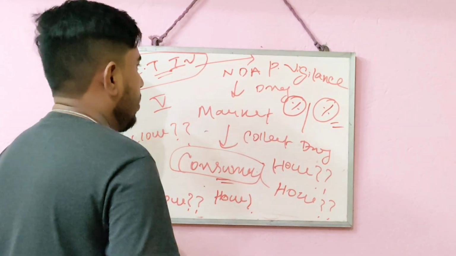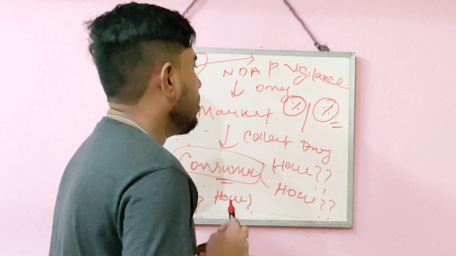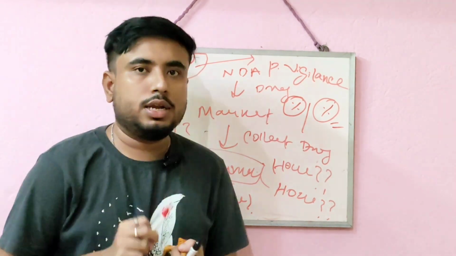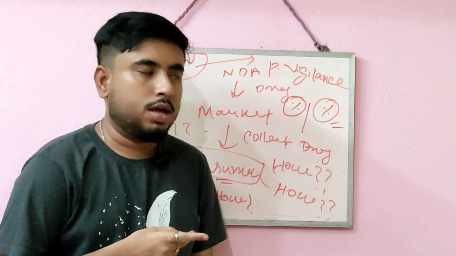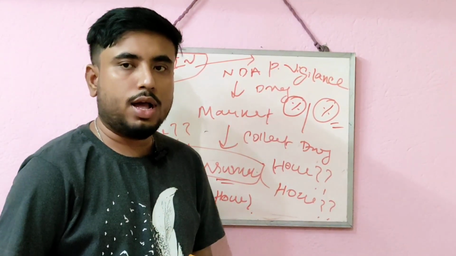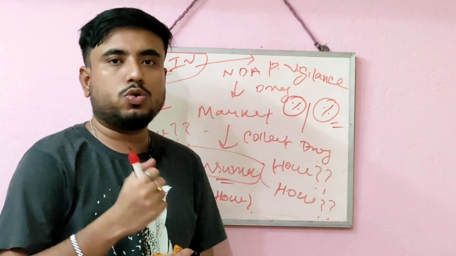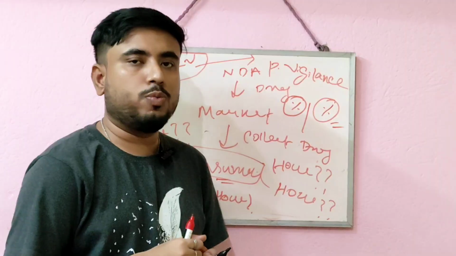In drug discovery, I told you there were 4 steps: target identification, target validation, lead identification, lead optimization. Then it comes to drug development. In drug development, the first step was preclinical trials. Then after preclinical trials, it goes to IND approval. After IND approval, it will be tested in the human body.